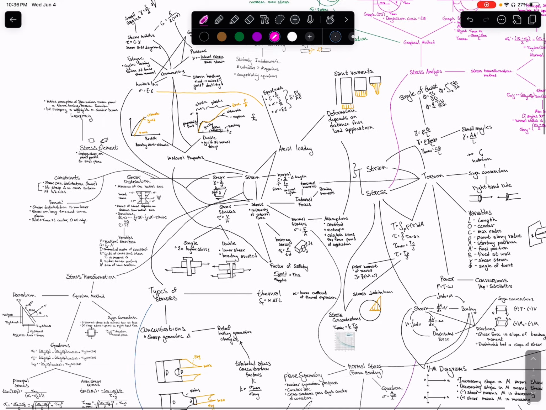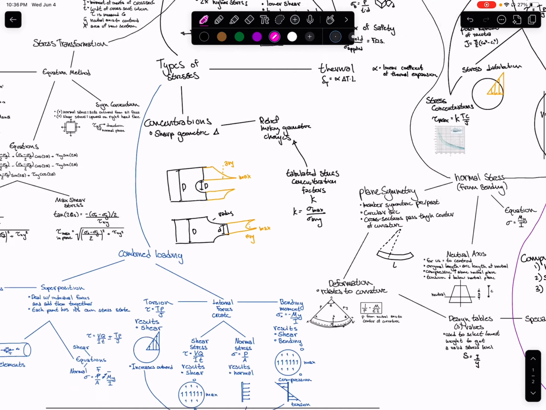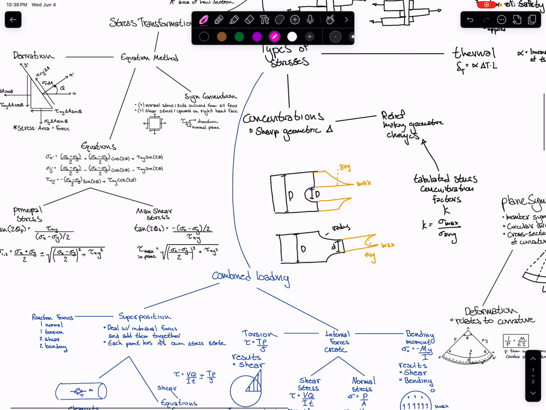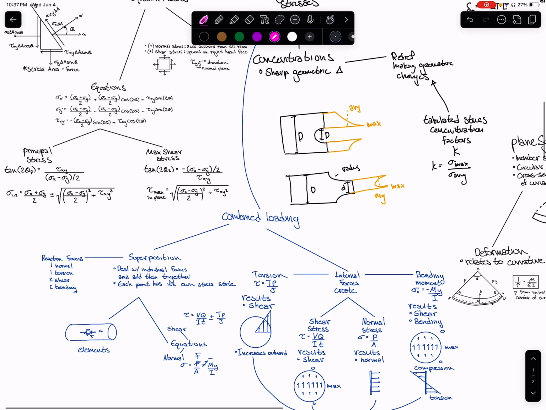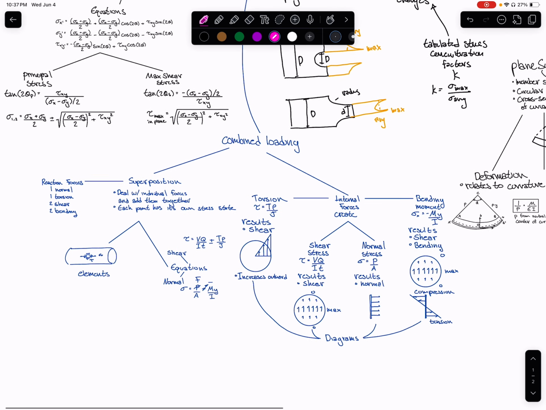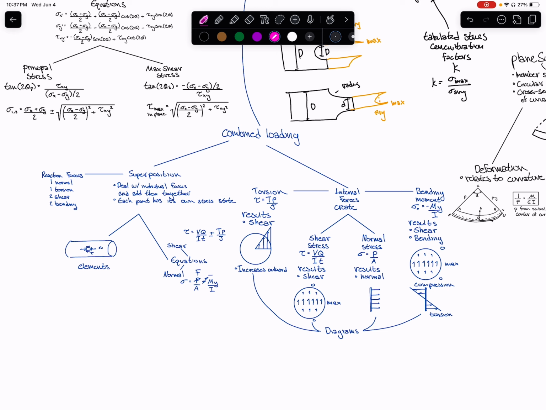So moving on to combined loading, which arises from multiple types of stresses. In this case, we will have to consider the torsion and bending moments as well as the shear stresses and normal stresses, and sum them up to find the total normal stresses and the total shear.